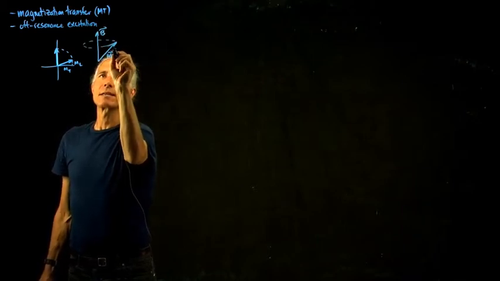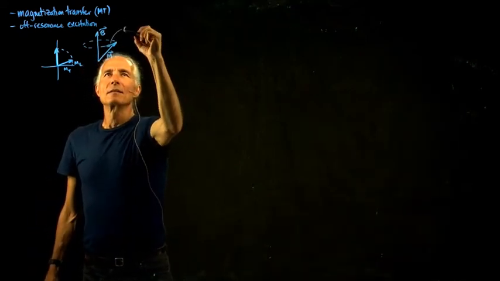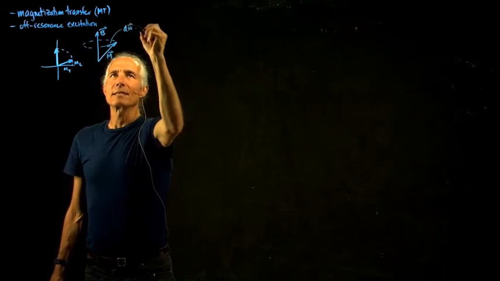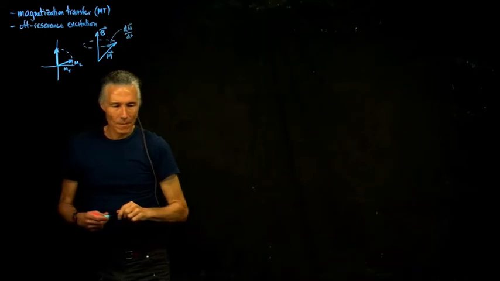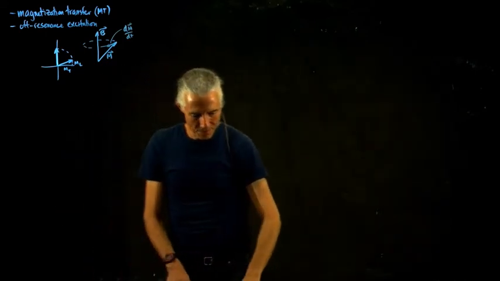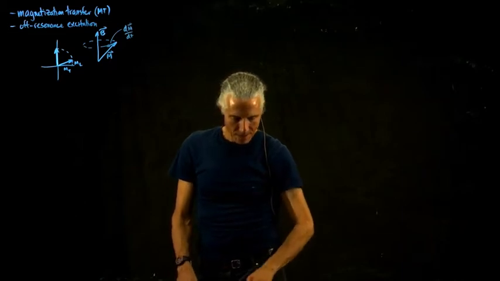So when we calculated our change in the magnetization vector as a function of time, it causes precession. So that's our starting point.